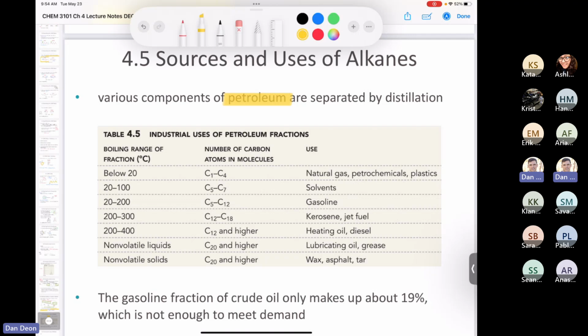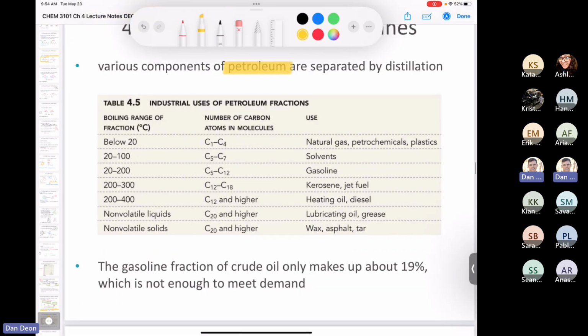All the low boiling hydrocarbons are things like natural gas. Then you get up into solvents that can be used in chemical reactions. Gasoline, of course, is a big thing. Heating oil and all that kind of stuff. Gasoline actually only makes up about 19% of crude oil, but crude oil can be converted into about 47% gasoline using cracking plus refining.